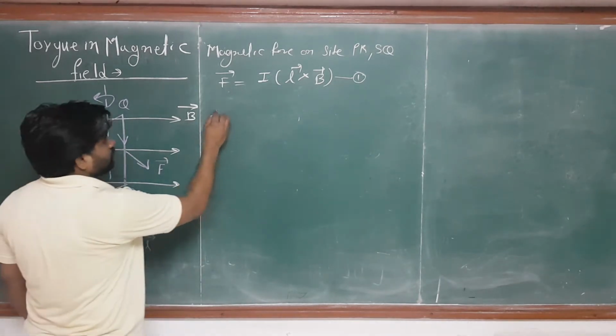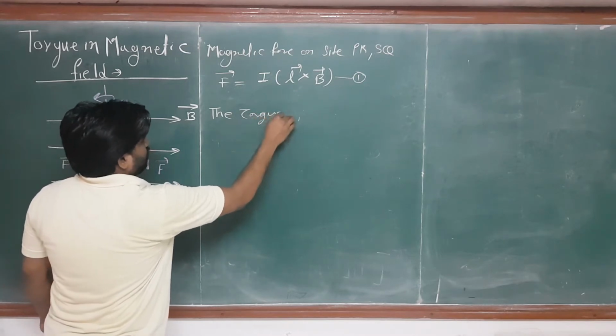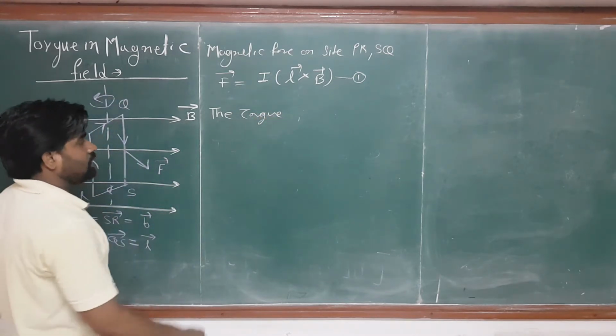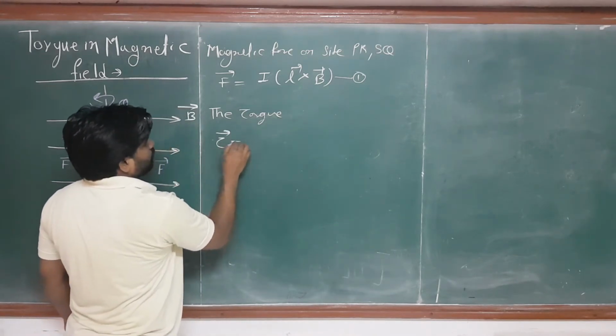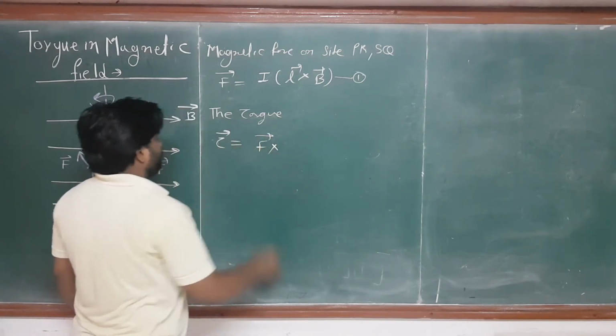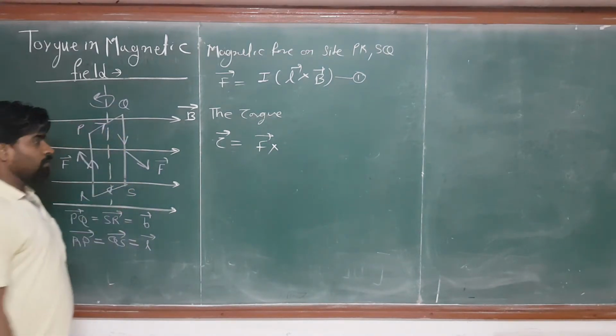Okay, so I can write here the torque, because the opposite forces will make a couple of forces, and the couple of forces will produce the torque. Then vector tau is equal to force into the perpendicular distance between the two forces, the gap between them, that is equal to PQ, which is equal to the vector b.